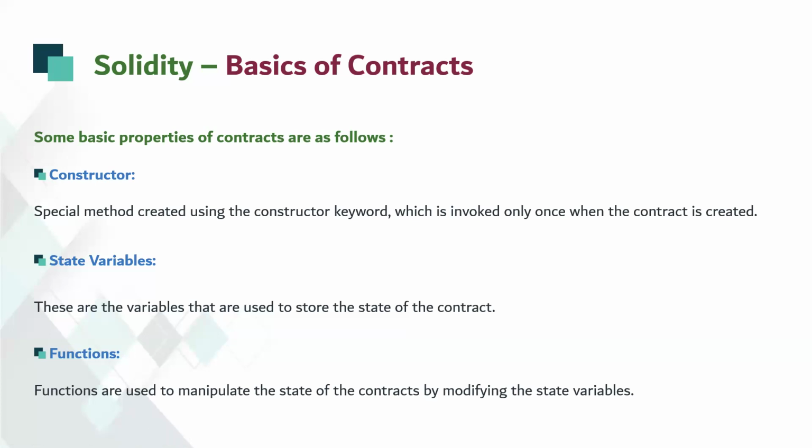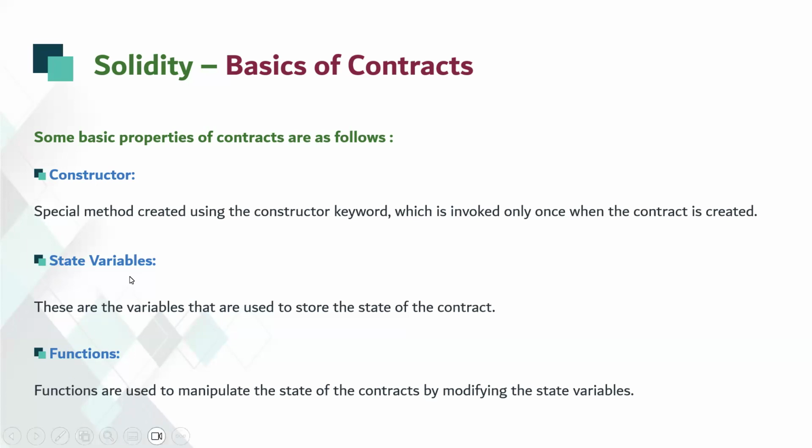The constructor allows you to initialize the state of the contract, set initial values for state variables, and also perform any necessary setup or configuration. It's important to note that the constructor is optional, okay? Once the constructor is executed during contract creation, its code is not executed again, okay?